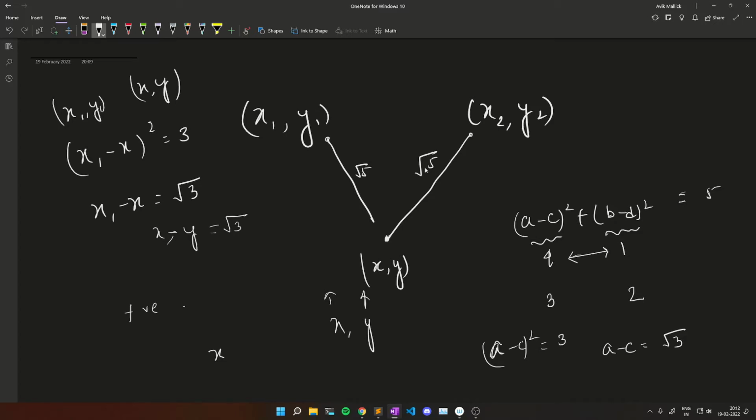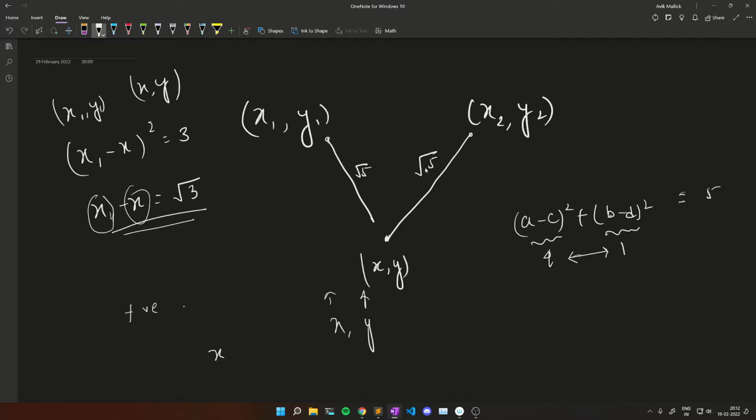Then neither x1 nor x is a positive integer, because for two positive integers the distance between them can never be a root value. So this way the option of 3 and 2 is out, so the only option left is 4 and 1.